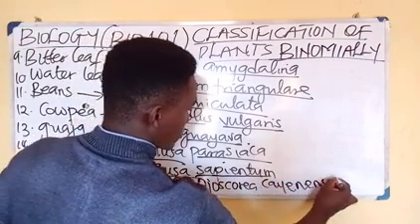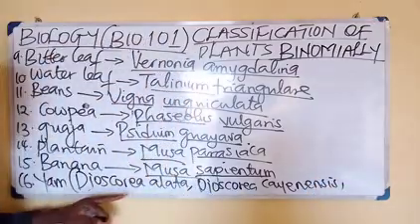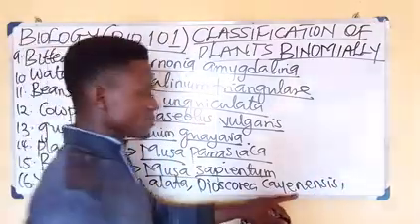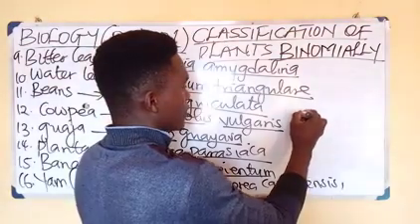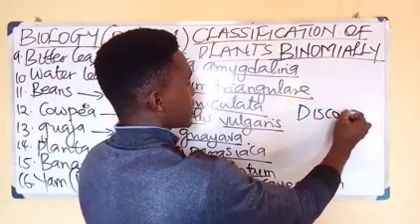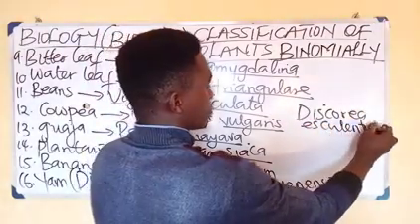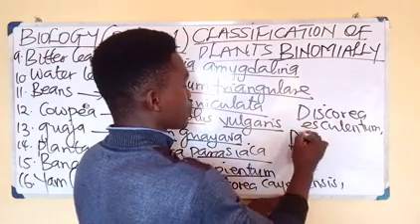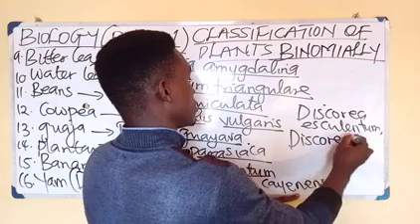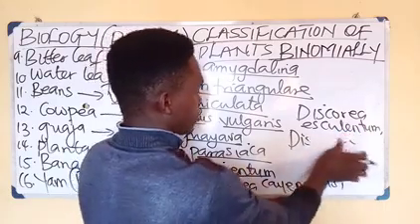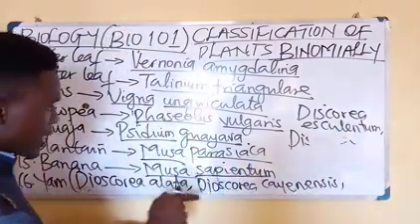We have Dioscorea alata, Dioscorea cayennensis, Dioscorea esculenta. We also have Dioscorea. What am I spelling? Dioscorea.